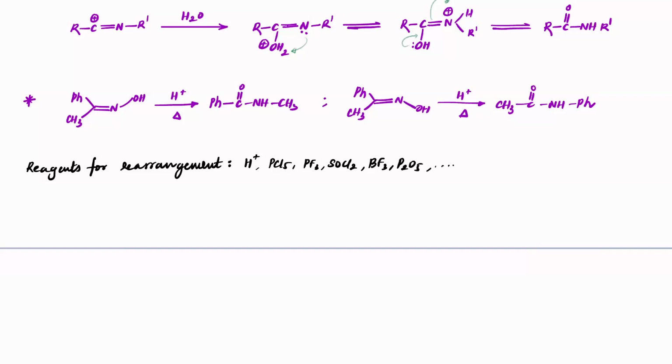Any of these media followed by H2O should be sufficient to convert into products. Got it? It is called any protonic Lewis acid. So any protonic Lewis acid will give you this reaction. So please check.